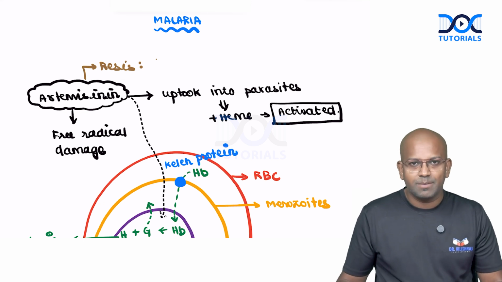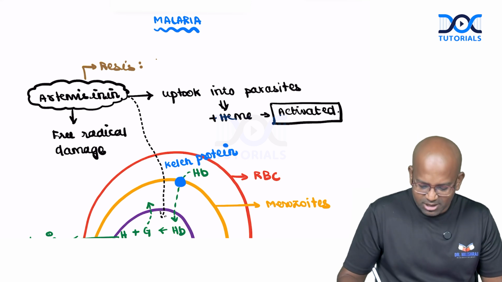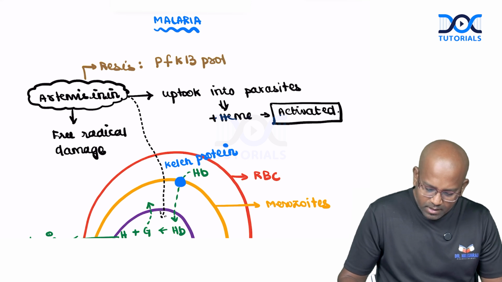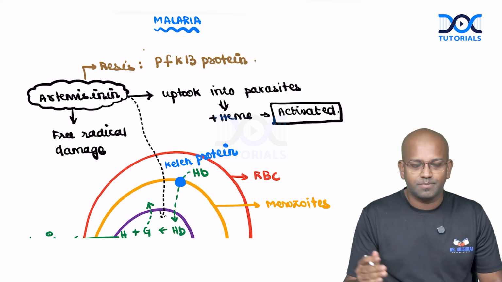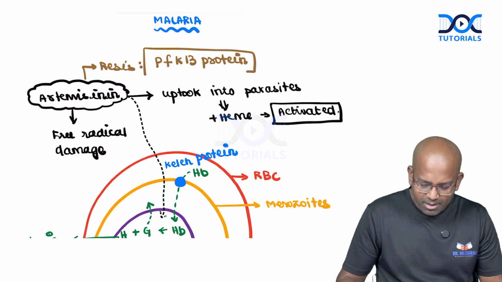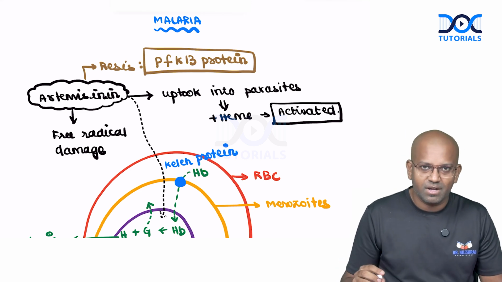This Kelch protein is nothing but K13 protein, which is found especially in Plasmodium falciparum. That's why its name is Plasmodium falciparum K13 protein, which is the Kelch protein, guys. If a mutation happens in this PfK13 protein, there will be resistance development against artemisinin derivatives.